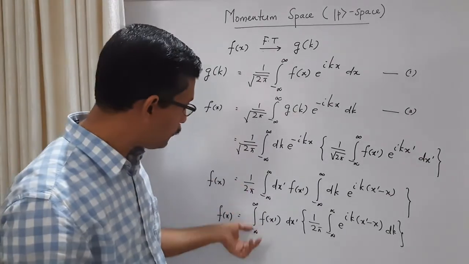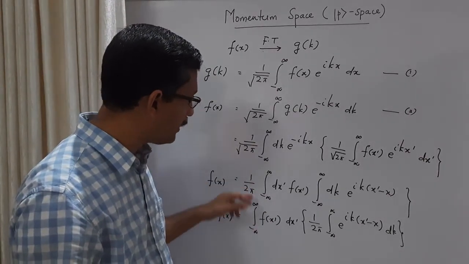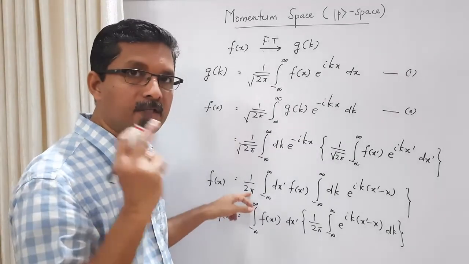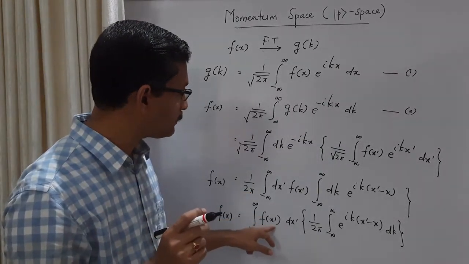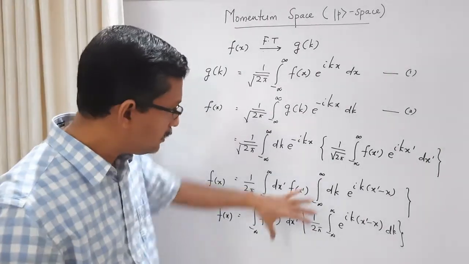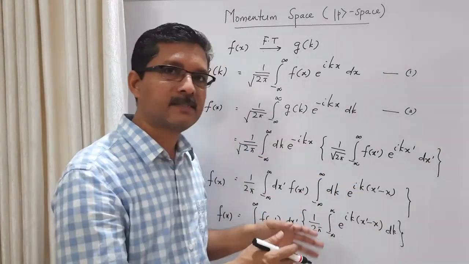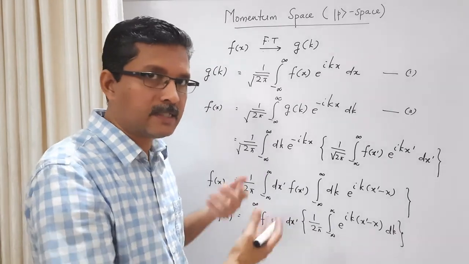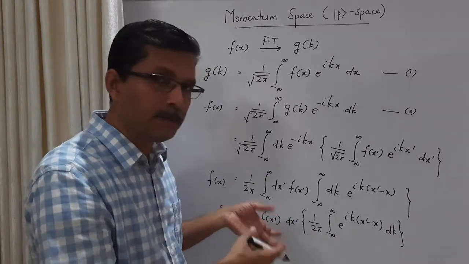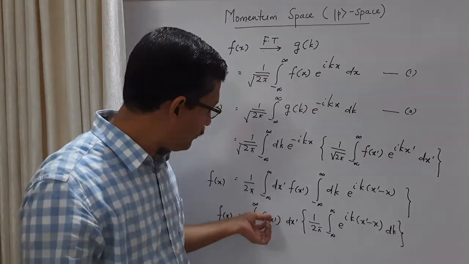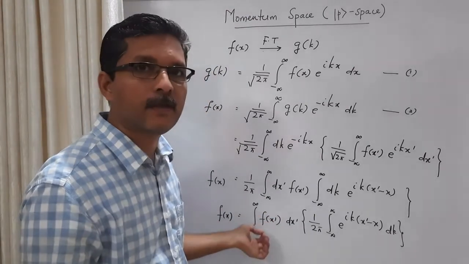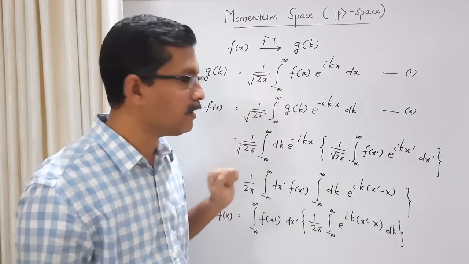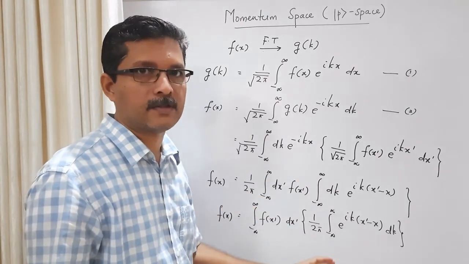That means out of all possible values of x prime from minus infinity to plus infinity, we get exactly the value of the function at x prime equal to x. So this term in the curly bracket acts as a selector. It picks out, under an integral, one particular value of the function at a particular point x prime equal to x. Now this behavior is that of a Dirac delta function.